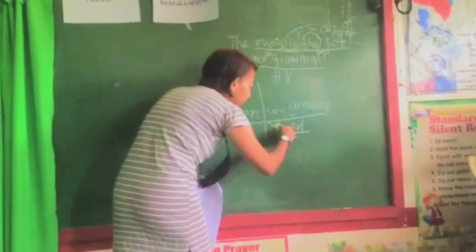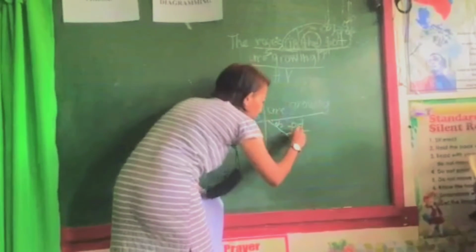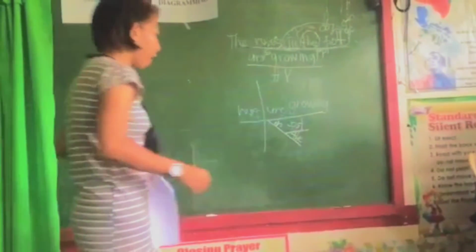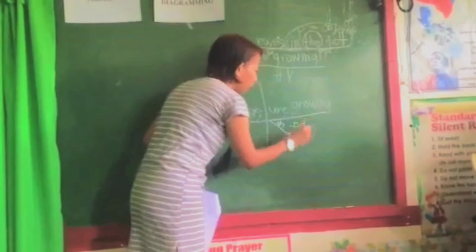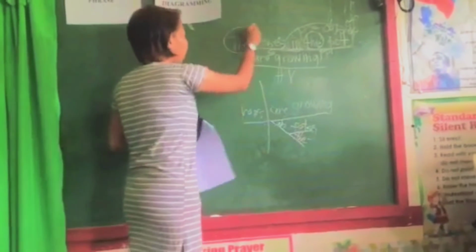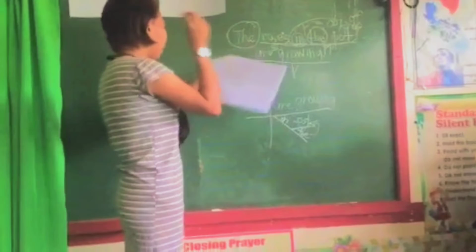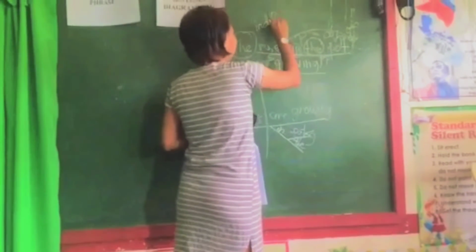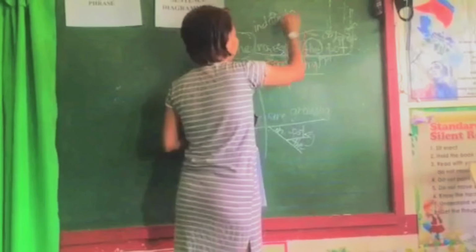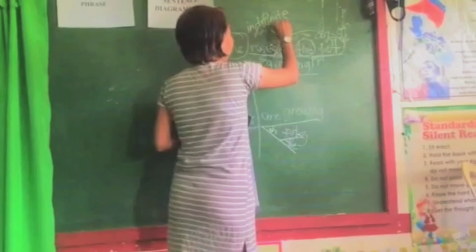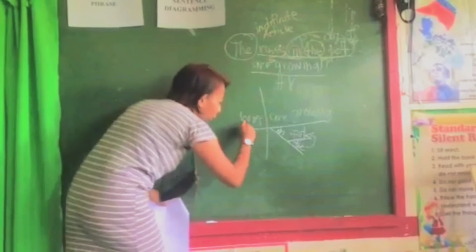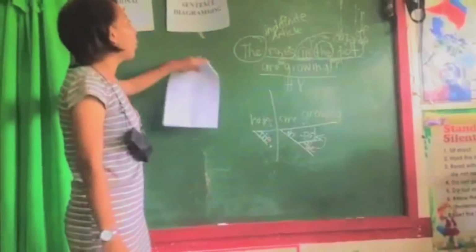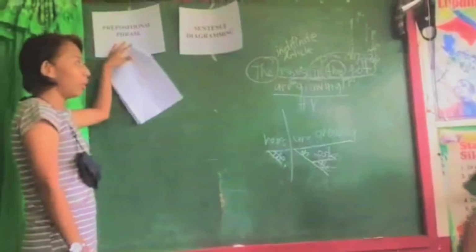Now another slant line for the, which is our modifier of the path. Since the is an article, we write it under path. So this is how we diagram a prepositional phrase.